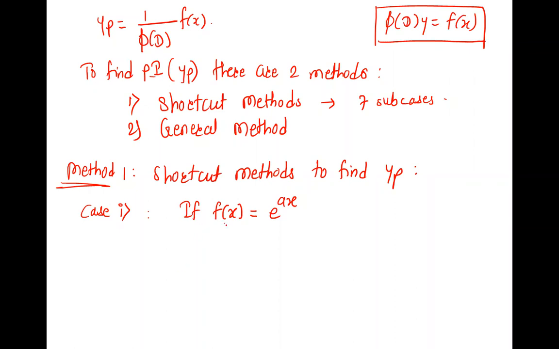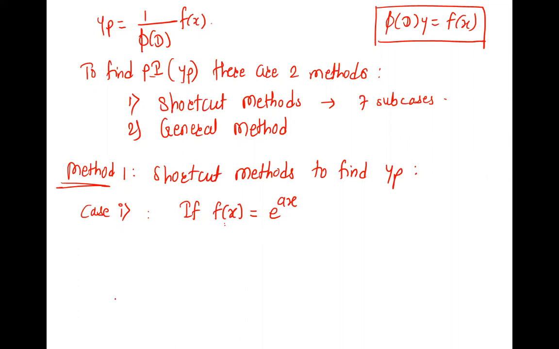And if this function on your right hand side is e raised to ax in particular, like e raised to 2x, e raised to 3x, e raised to minus 3x, something like this, then it comes under shortcut method.